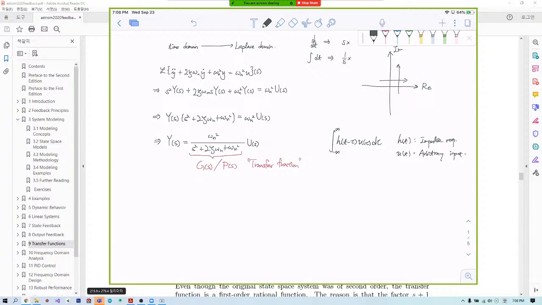Let me say this a bit better. First, we can express any arbitrary input signal as a sum of delta functions, which are impulse functions. And for each of them, we calculate the response, the impulse response function. And we take the convolution of those two, the impulse response and the arbitrary input function.